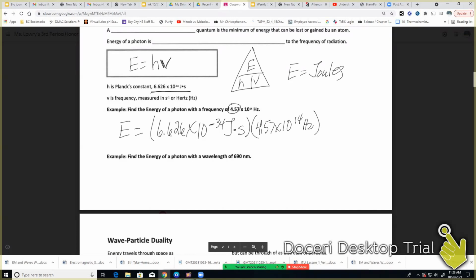So I want 3 sig figs, and my number is still going to be a pretty small number, but it's going to be larger than negative 34. So I got 3.03 times 10 to the negative 19th.